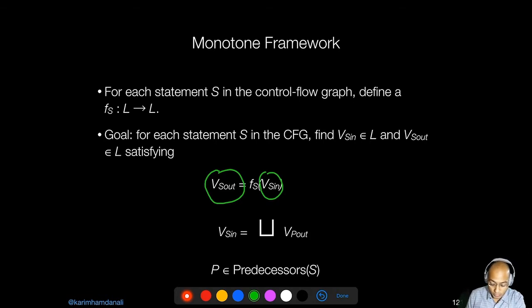And what we're going to do is that for the input to every flow function will basically be the join of all the v-outs from the previous paths up to that point so far. So at any given statement, you will figure out what is the v-out of all the paths coming into that point, find the join of those values from the lattice that we have defined. This is going to be the vs in to that function, and this is how the data is going to be propagated from one statement to the other.